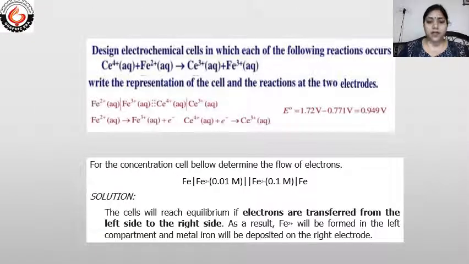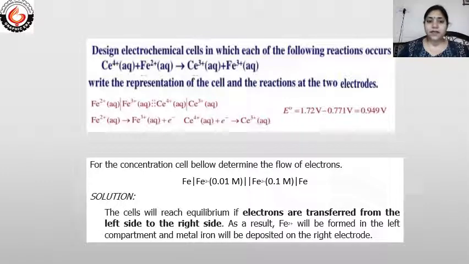Now, by taking an example, the previous slide should become clear. Design an electrochemical cell in which each of the following reactions occurs: Ce4+ aqueous, that means an aqueous solution of a cerium salt, plus Fe2+ aqueous gives Ce3+ aqueous plus Fe3+ aqueous. How will we write the electrochemical convention for this cell?